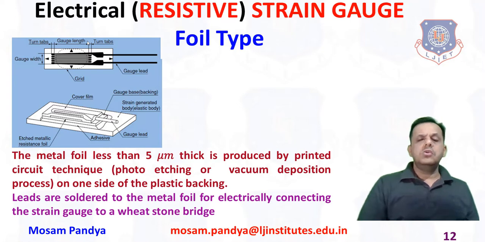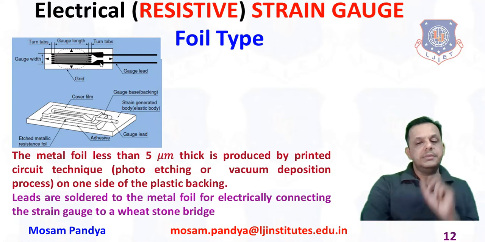We will not go into the depth of how photo etching or vacuum deposition is done. You can find it on the internet. It is done on one side of the plastic, as good as generating a printed PCB, and the leads are soldered to the ends of the metal foil, which are made a little bit fat.